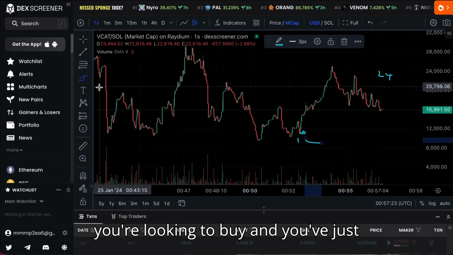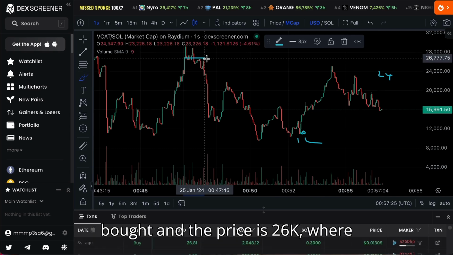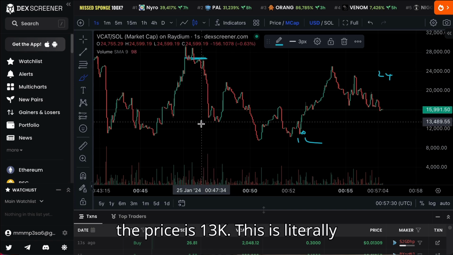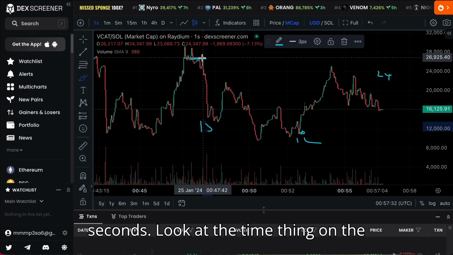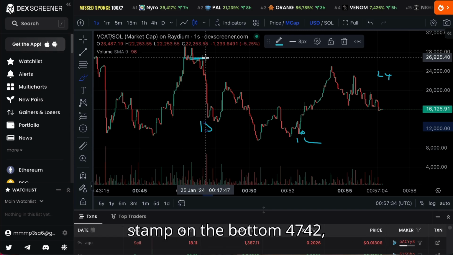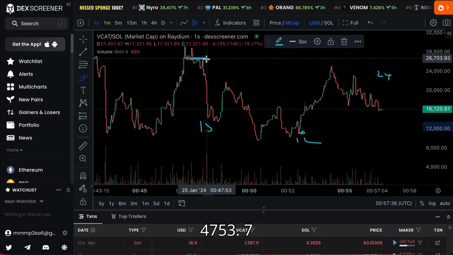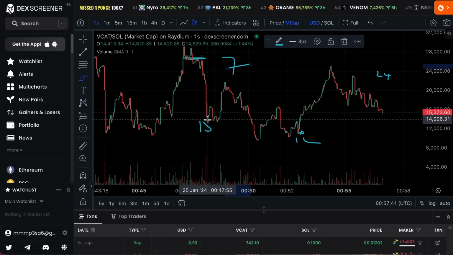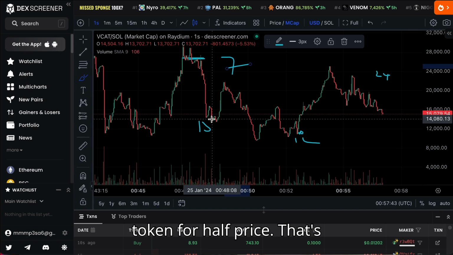Or you're looking to buy and you've just bought at 26K, where literally 5 seconds later, the price is 13K. This is literally seconds. Look at the timestamp at the bottom, 47:42, 47:53. 7 seconds and you could have got the token for half price.